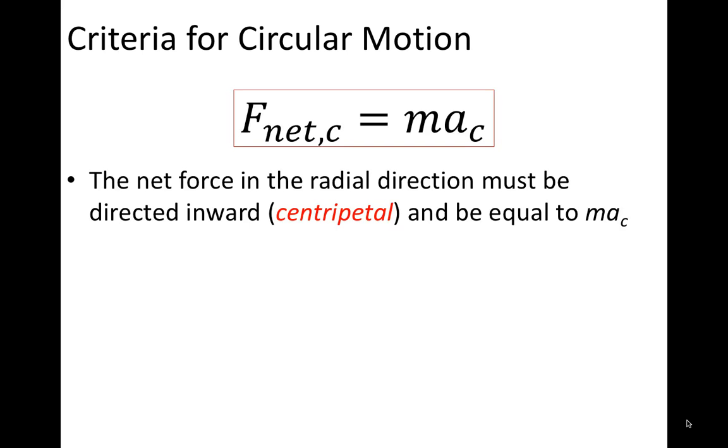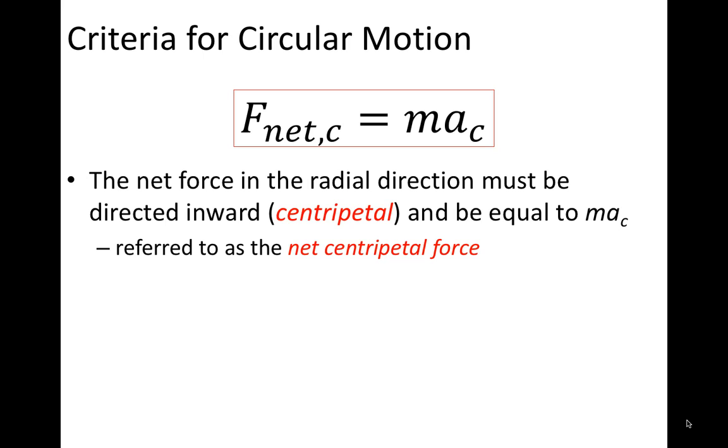And if it's accelerating, there must be a net force acting on it, because net forces cause accelerations. And the net force must be directed towards the center of the circle. Objects always accelerate in the direction of the net force. And the net force has to be equal to ma, but the particular acceleration that we're looking at here is a centripetal acceleration, so that's why we use an a sub c.